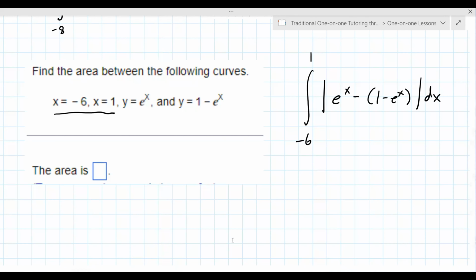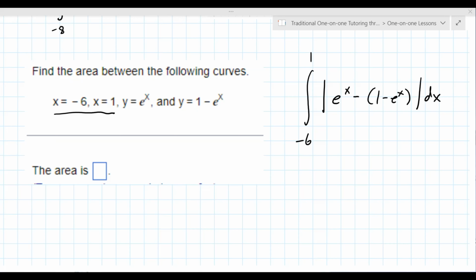It does say below here, which I didn't snip in, your answer in terms of e. So you want to be sure to use a calculator where it actually does it exactly. It doesn't just make an approximation, but most of them do now. I mean, let's go from minus 6 to 1, e to the x minus 1 minus... Oh my goodness.